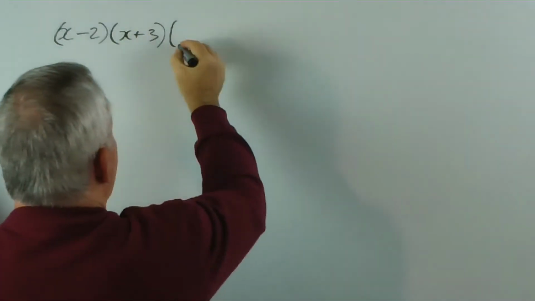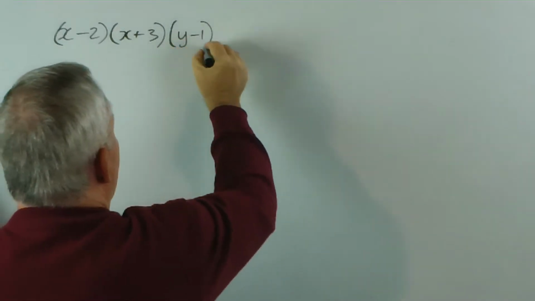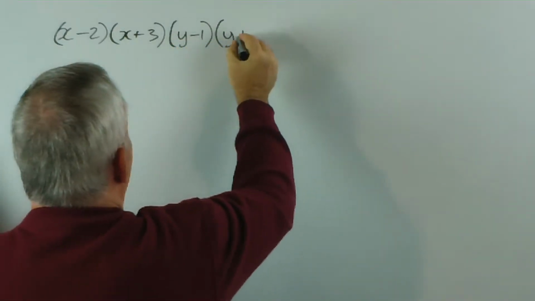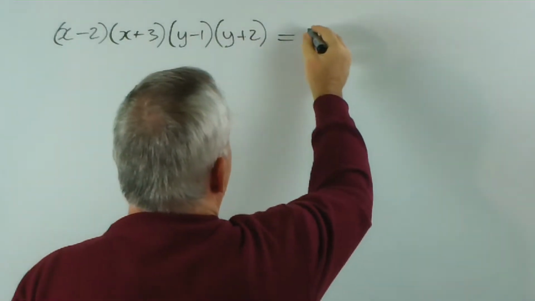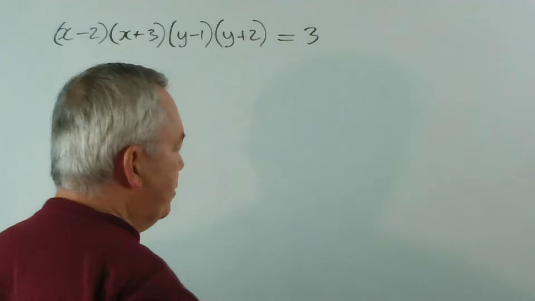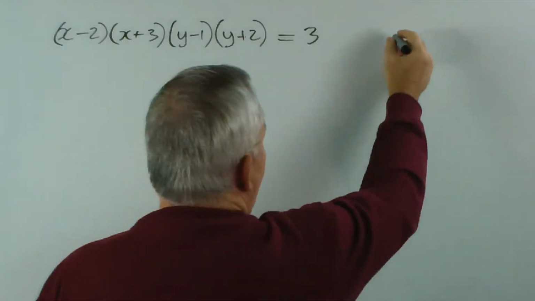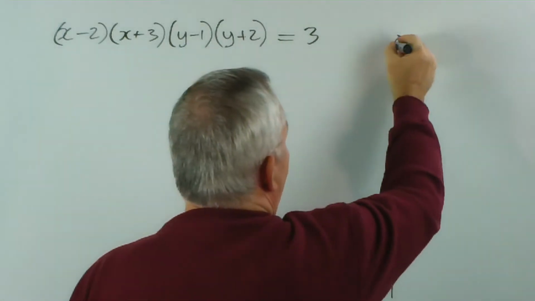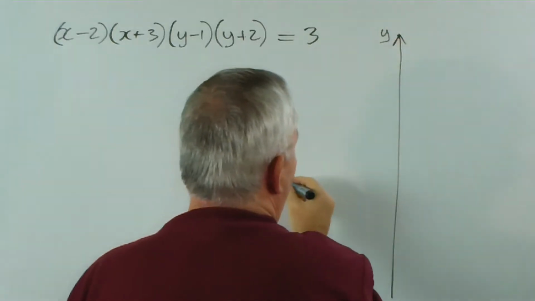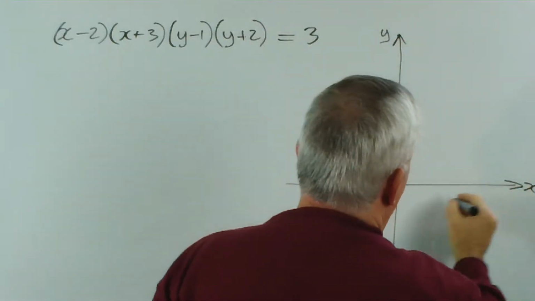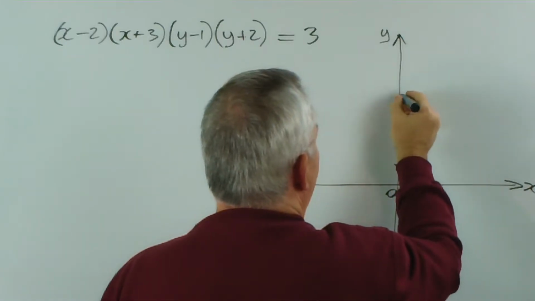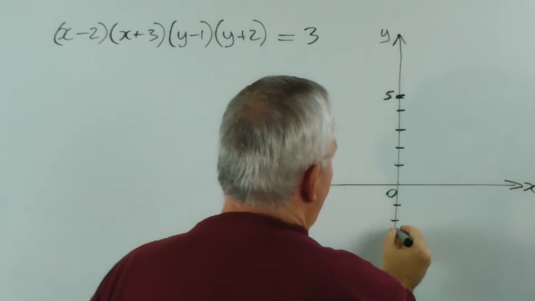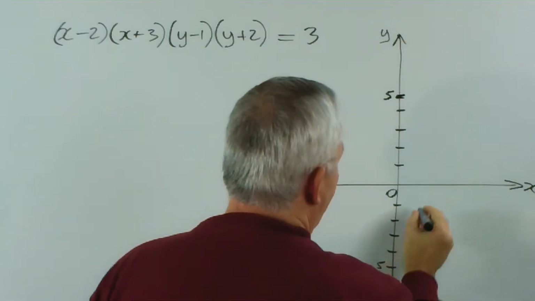And for horizontal asymptotes, we might have y minus 1, y plus 2, and we'll set this equal to 3. One, two, three, four, 5. 1, 2, 3, 4, 5.